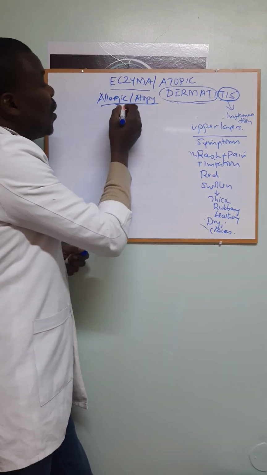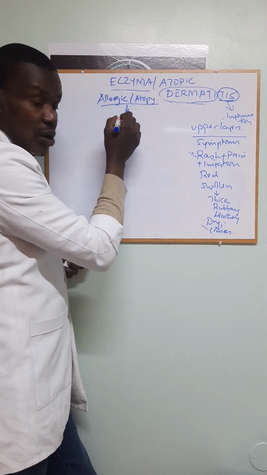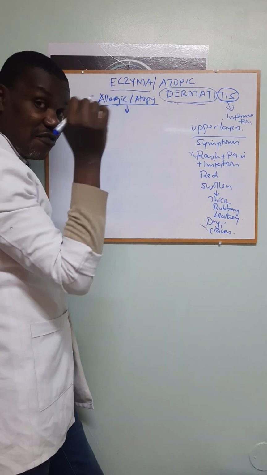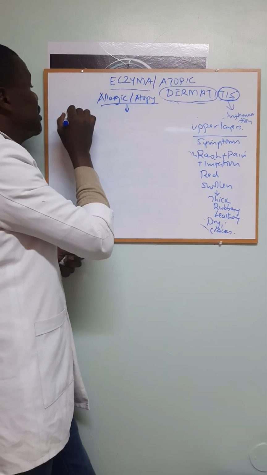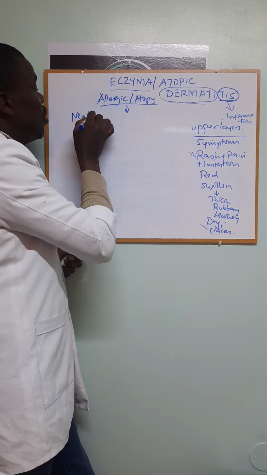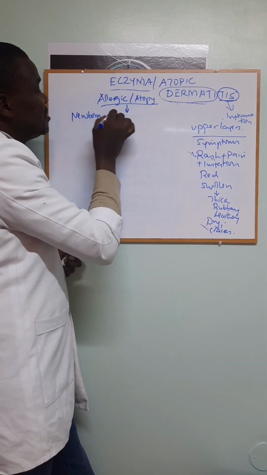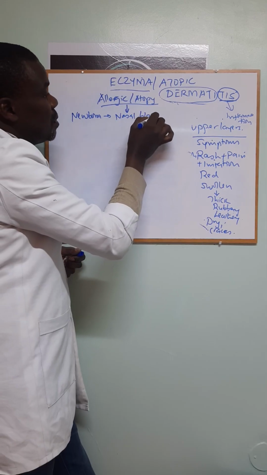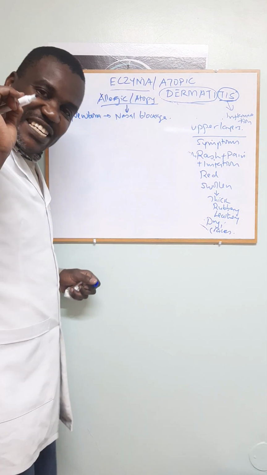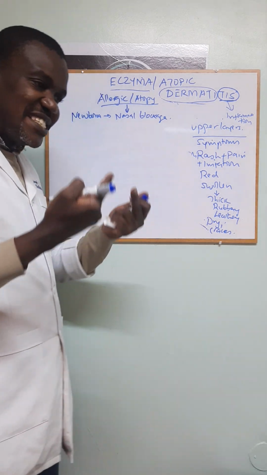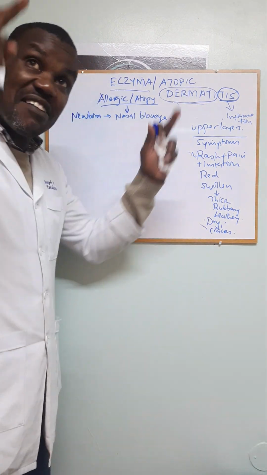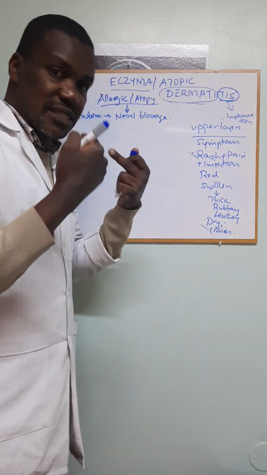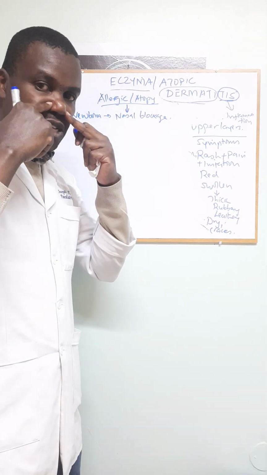So, when these people get a child, one or both parents have this, and you have a newborn. Let's start from the newborn period. Newborn. It starts with nasal blockage. As soon as the child is born and has taken its first breath, whatever is in this air, they inhale it, and it starts with nasal blockage.